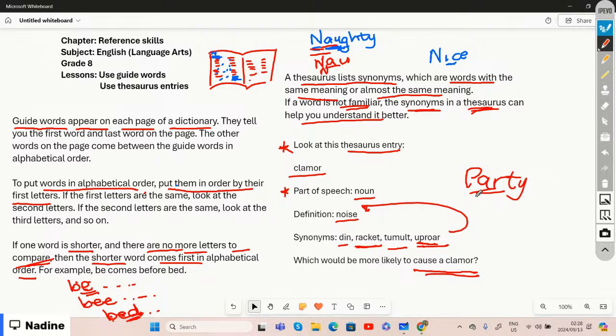So having a party is more likely to cause a clamor, a noise, we would say is a party, because it is an uproar.